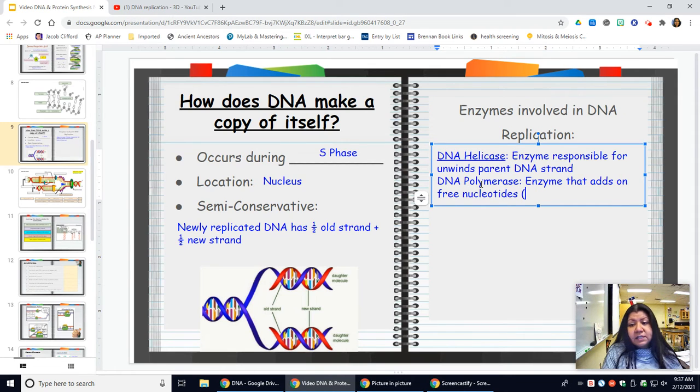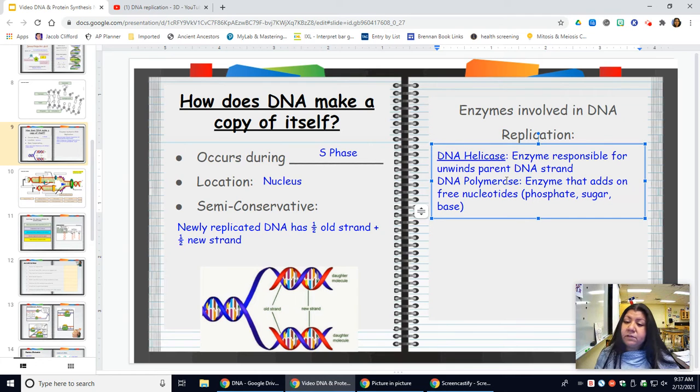Remember, our nucleotides are going to be that phosphate group with the sugar and the A, T, G, C. So phosphate, sugar, and a base. Our DNA polymerase is the enzyme that adds those on.